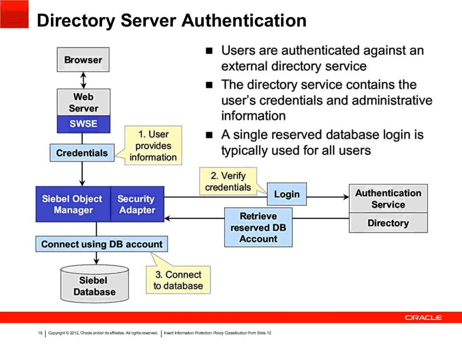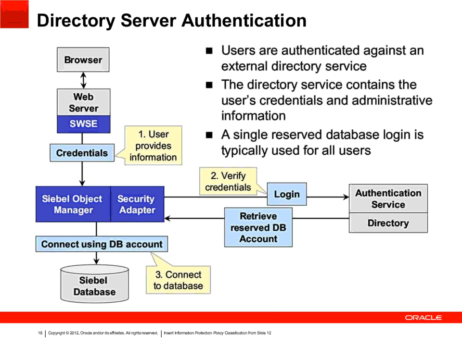Coming to directory server authentication. Here, the users are authenticated against an external directory server. Here, unlike the database authentication we discussed earlier, the directory server will hold all the application users and their credentials. Important point to note here. Now, let's look at a figure to learn a bit more. Once the user provides the credentials, those will be passed to Application Object Manager. Application Object Manager will in turn invoke a security adapter.